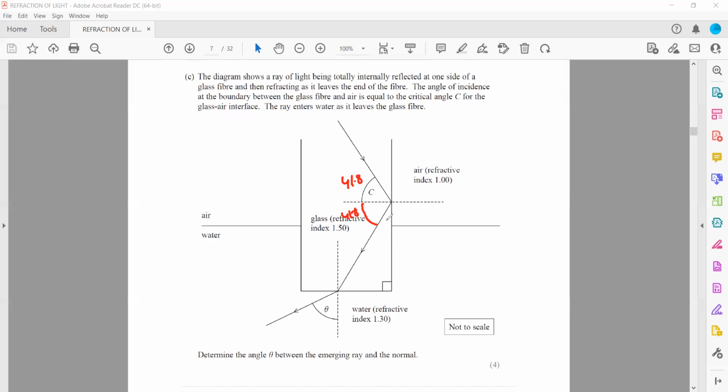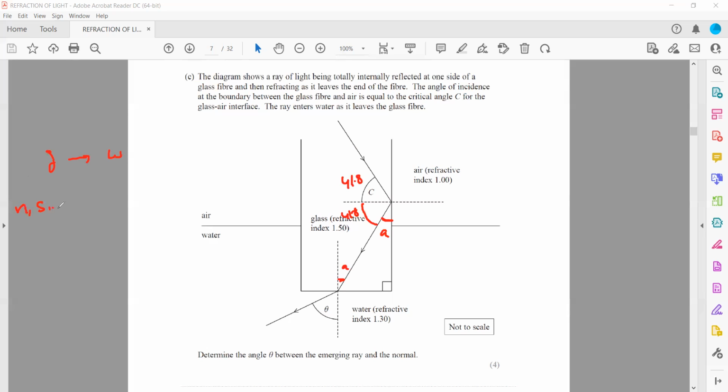If this is 41.8, how much is this angle? It will be 90 minus 41.8. I'll work out this angle A, and the angle A will be the same as the angle of incidence from glass to water, because we have to use the same formula from glass to water.